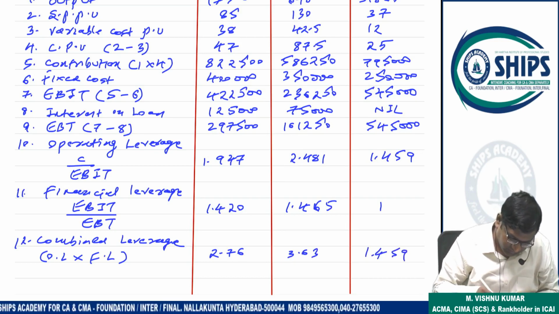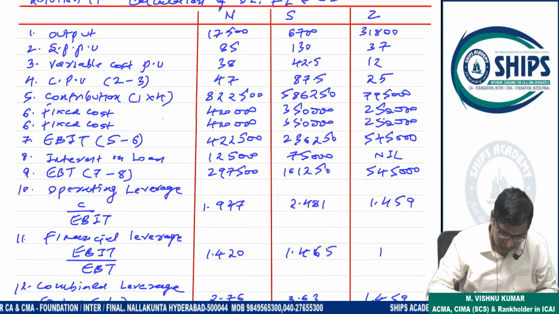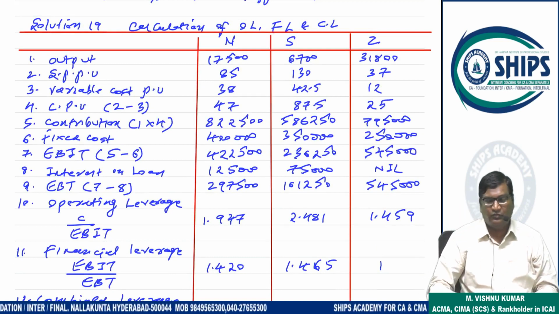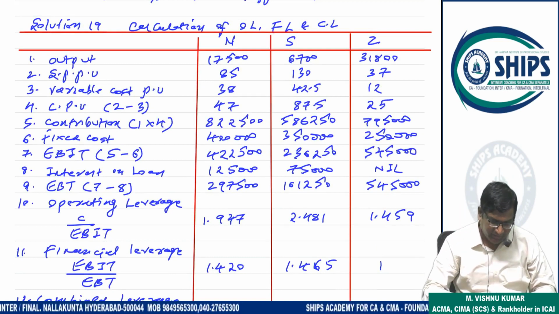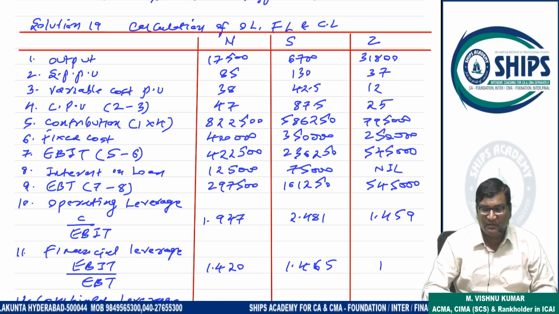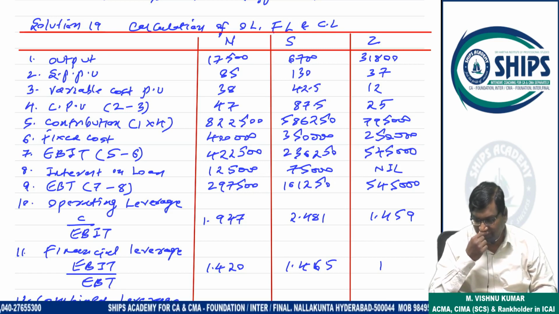Chalo, this is your answer. What is this? So first I have calculated contribution per unit, selling price per unit minus variable cost per unit. Thereafter contribution into units, total contribution. Then total contribution minus fixed cost, EBIT, EBIT minus interest, EBT.